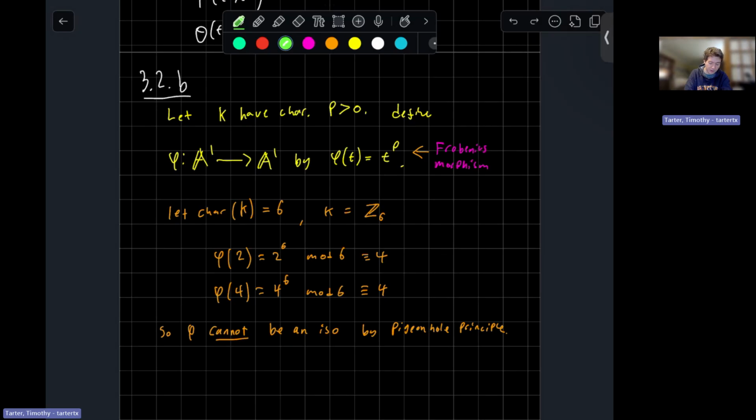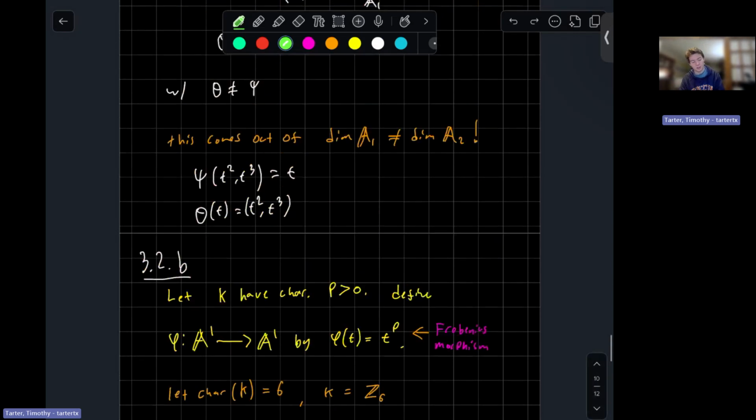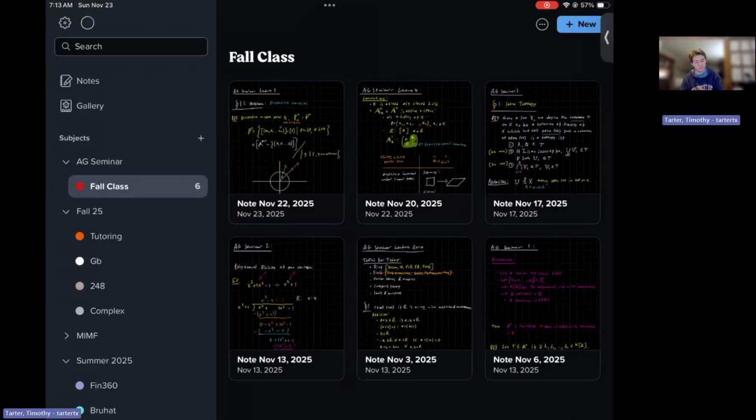The important thing to note is I'm saying of images, not of spaces. The spaces themselves have the same dimension, and it is not an isomorphism, but a bijective bicontinuous map. The thing that forces this together is the pigeonhole principle, and it comes from the dimension of the image of the inverse image of the open subset.